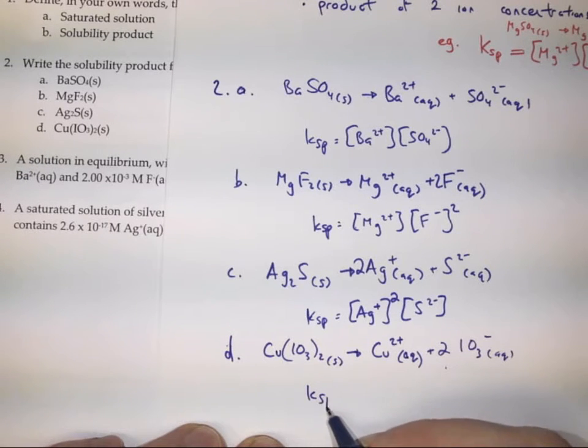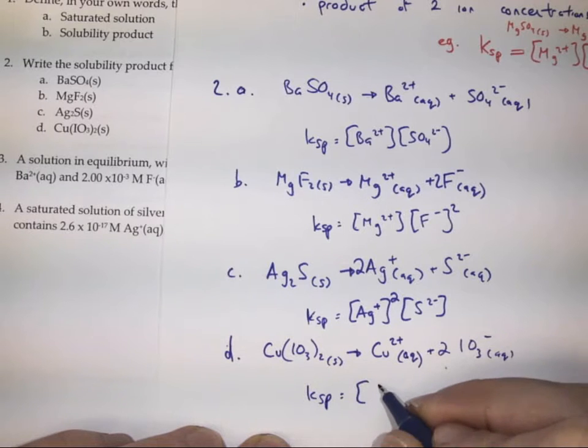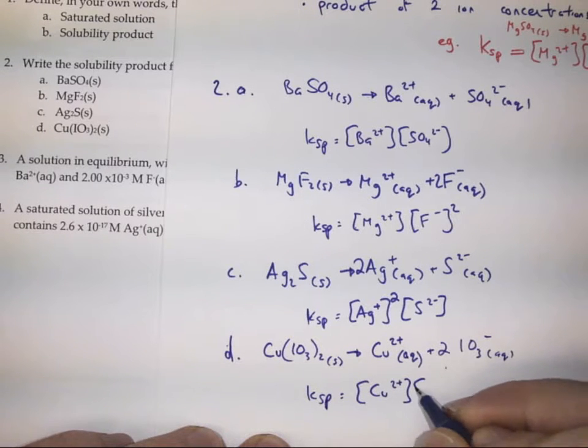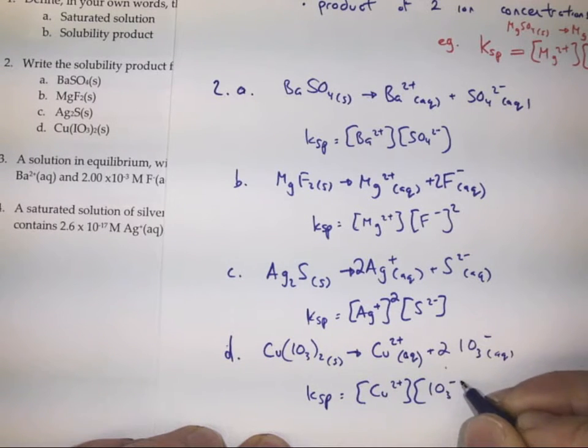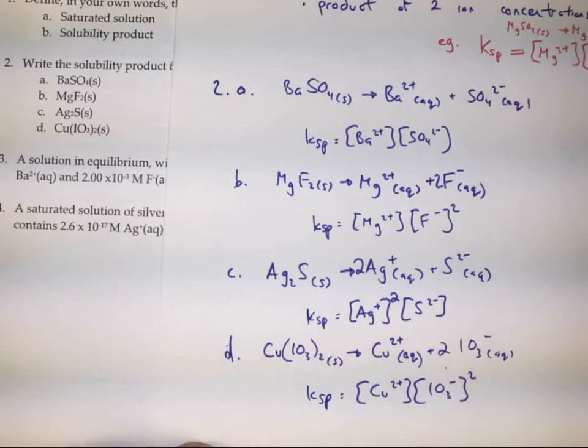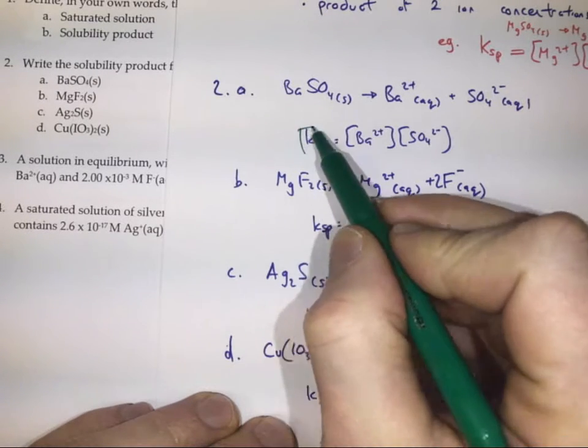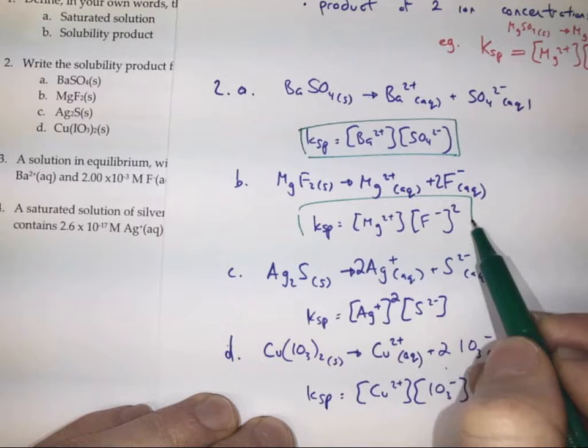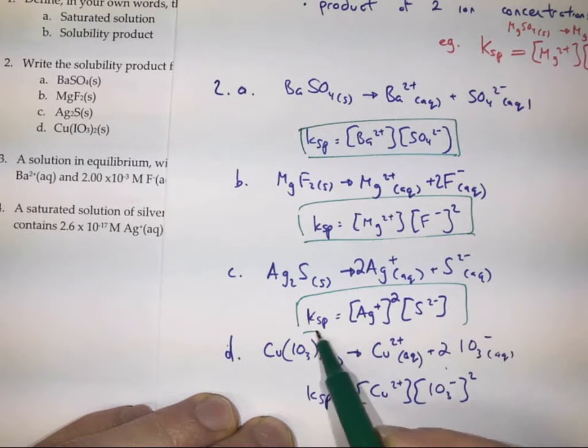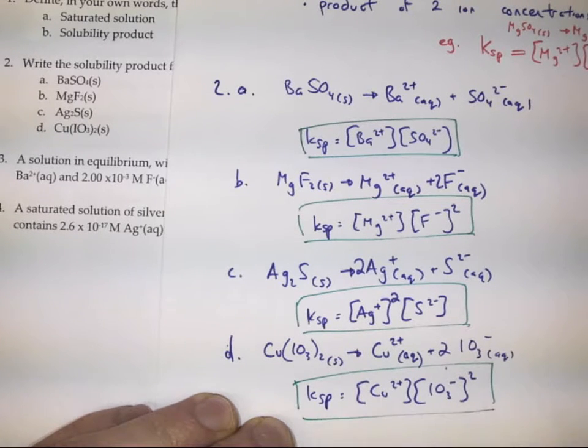The Ksp here is going to be equal to the concentration of copper 2+ times the concentration of iodate squared. I'm going to put little boxes around all these so they're nice and easy to find when people are checking their solutions.